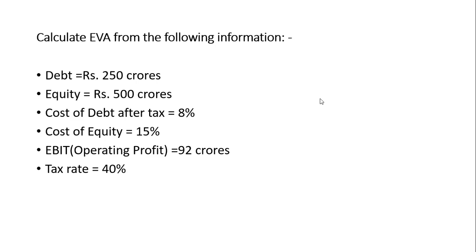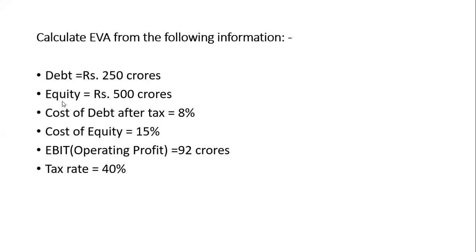If earnings are less than the cost of funds, then EVA will become negative, which is not good for the company. To earn more, earnings should be greater than the cost of funds, right? So this is a performance measurement tool. What is the full form? Economic value added: income minus cost of funds.